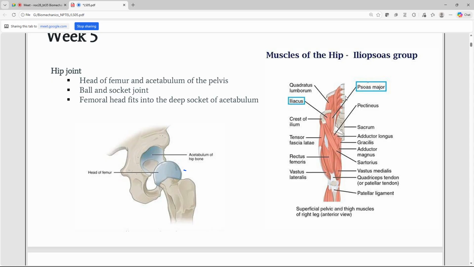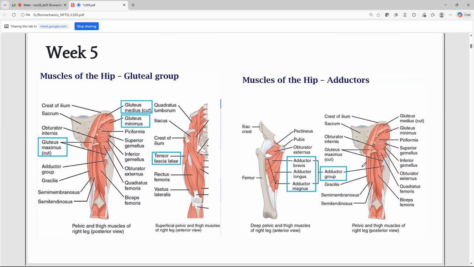Here we can see the major muscles, and iliacus and psoas are the main iliopsoas group muscles, as seen in the superficial and pelvic view or anterior view of the leg.